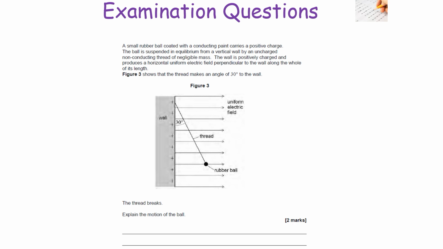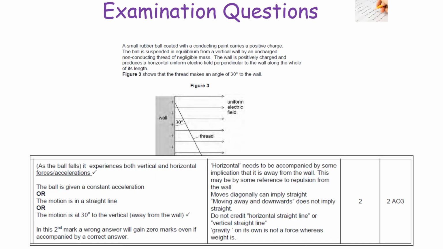So we've got our electrical force accelerating it to the right, and our weight force accelerating it vertically downwards. Therefore you're going to have acceleration in a straight line at 30 degrees to the vertical away from the wall, because you have two accelerations acting on the object, one in the horizontal due to the electrical field, and one in the vertical due to the gravitational field.